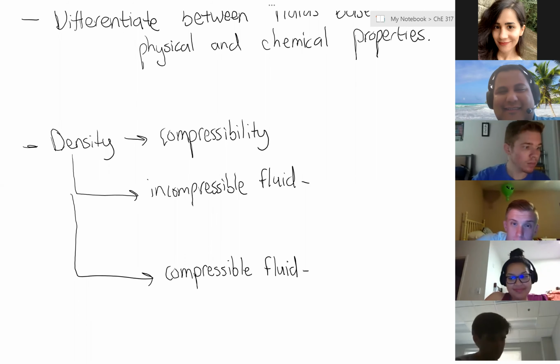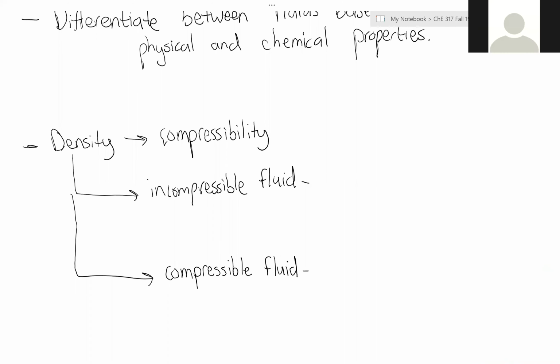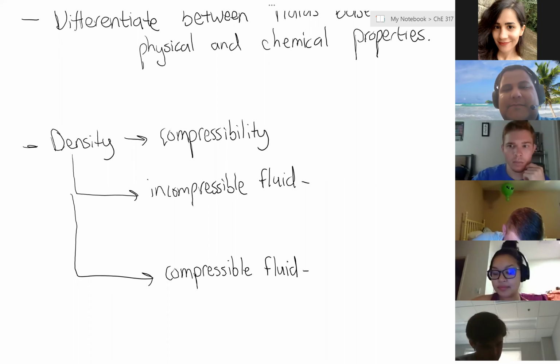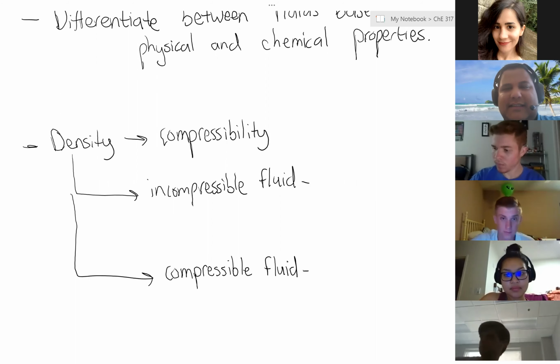Okay, for a compressible fluid, an increase in pressure will increase. Okay, so you said for a compressible fluid, increasing the pressure increases the density. That is correct. Is it only pressure that influences what we consider compressible? Do you think yes or no?